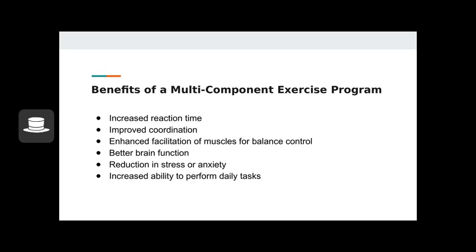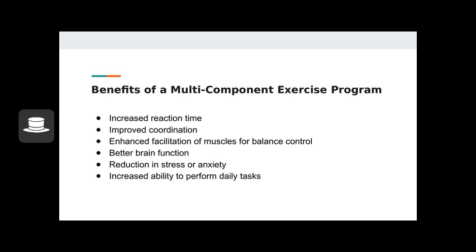And some benefits of these are increased reaction time, especially if we trip over something on the sidewalk. We may be able to take that step, use that stepping strategy to catch ourselves. It can lead to improved coordination, enhanced facilitation of muscles for balance control.